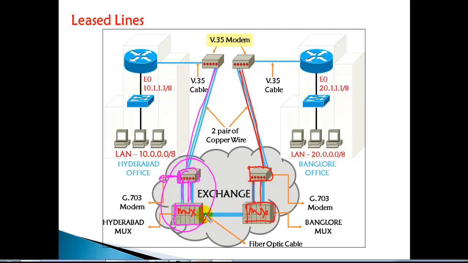Now from MUX to MUX, there is a fiber cable, a pre-existing fiber cable laid by the service providers, which is connecting the major cities. There is a fiber line already laid by the service providers, connecting different cities and different countries, and the service provider will have a pre-existing line connecting all the exchange offices.